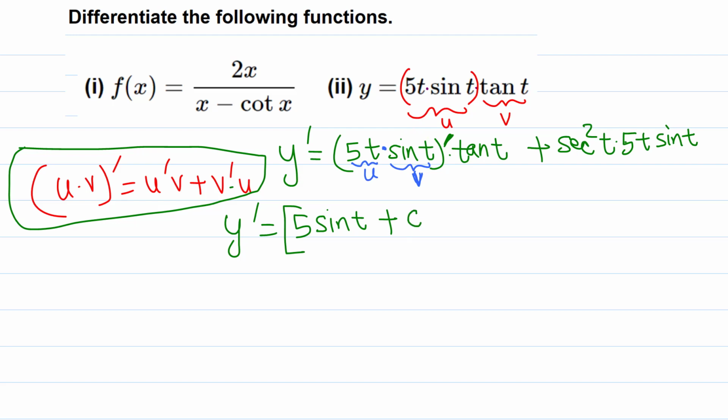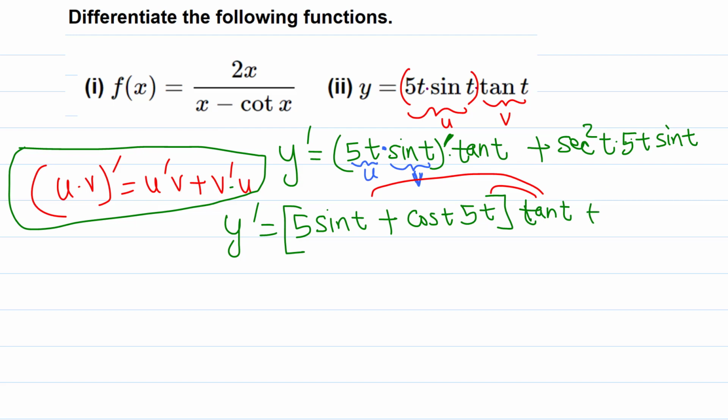The derivative of sine t is cosine t times u. U is 5t. So two terms times tangent t. Since I'm getting two terms, I have to put brackets or parentheses. Then we will distribute in a moment, which is not necessary because generally we don't. You won't be asked to simplify.